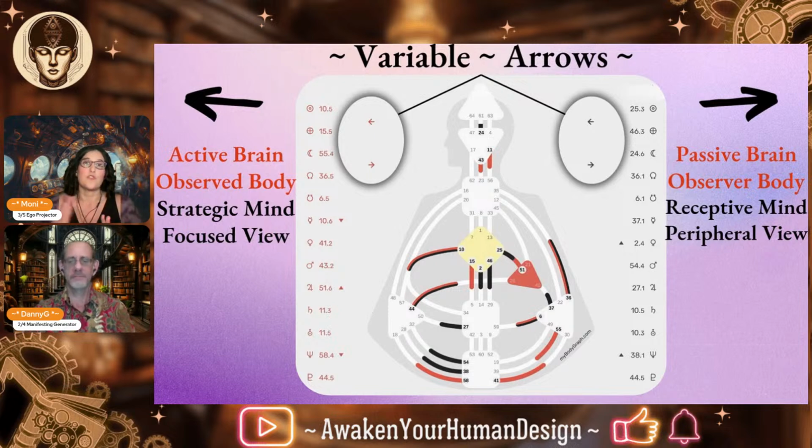Then if you go to the right, the personality, the black side of things, if the top right arrow is facing left, then that's a strategic mind. It's very focused and pulling things apart in a mental way. And then the bottom right arrow, if it's facing left, would be a focused kind of view. Do you have anything to say on the left arrow?